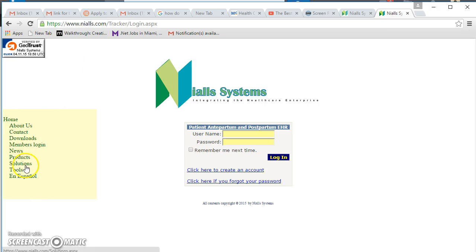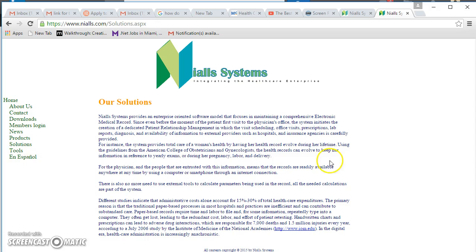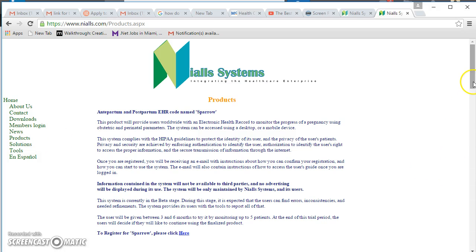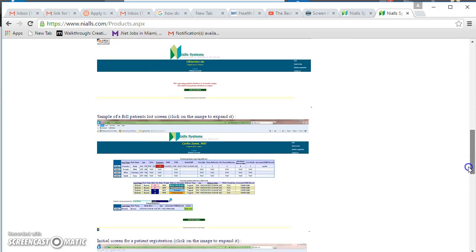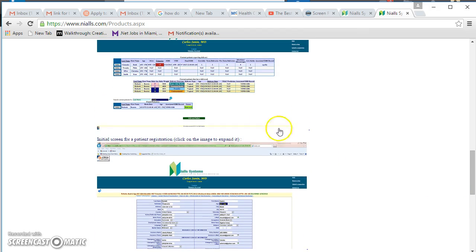If you need information about this, you can go into the product section, and there are some screenshots with more patients that will give you a little bit more information on what the system can do for you.